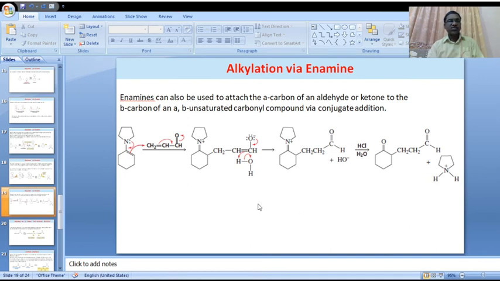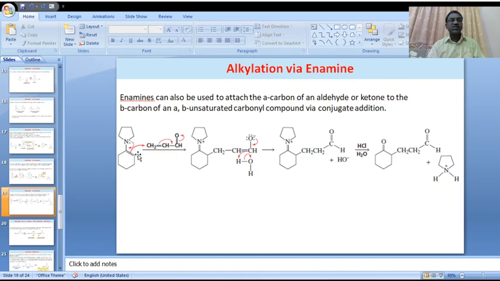Here please observe the enamine on reaction with this alpha beta unsaturated carbonyl compound. This is the carbonyl functional group, the aldehydic carbonyl group. In the enamine, the pair of electrons on nitrogen shifts to this side, with cleavage of the pi bond. This alpha carbon gets negative.